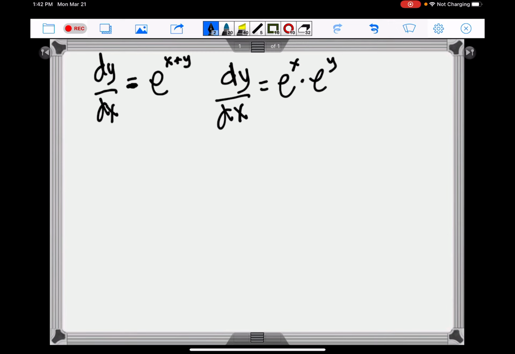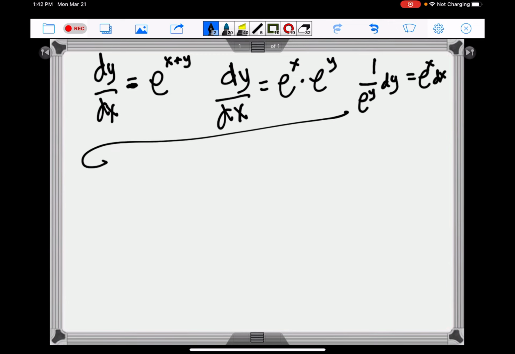Okay, my next hint is you will need to use substitution on this one, so be careful. Wait, what do we do now? Times 1 over e to the y. Also 1 over e to the y. Because that would get rid of it.